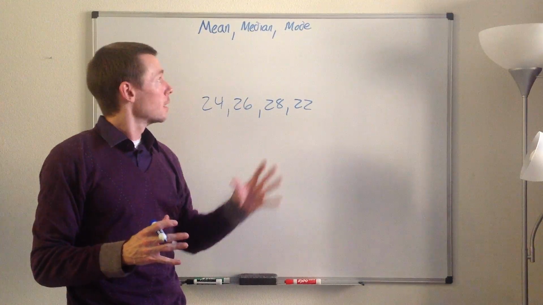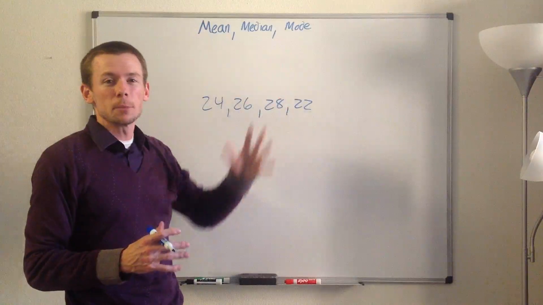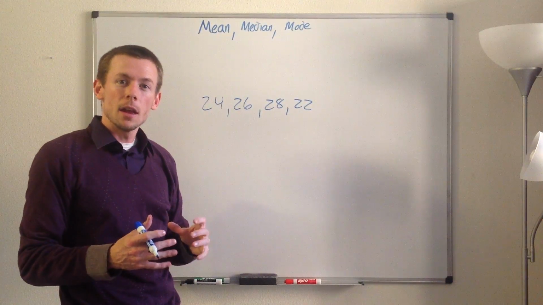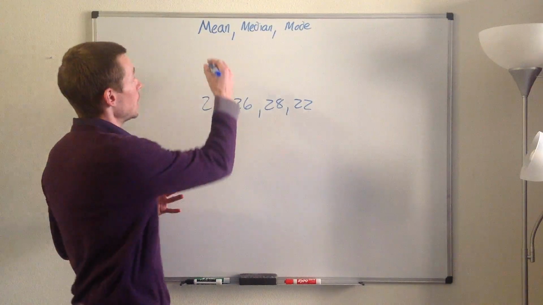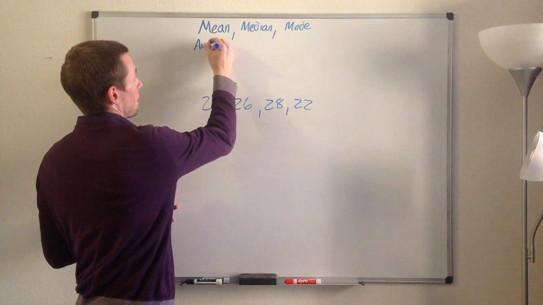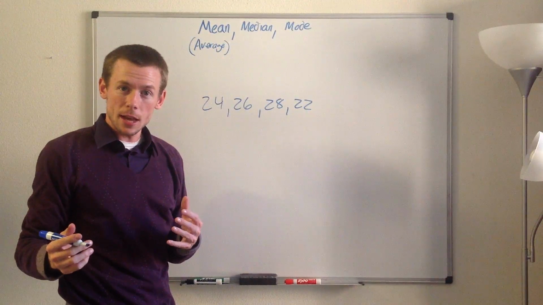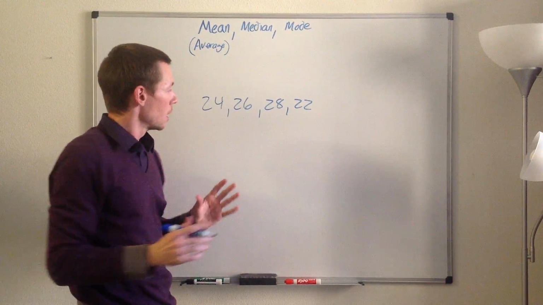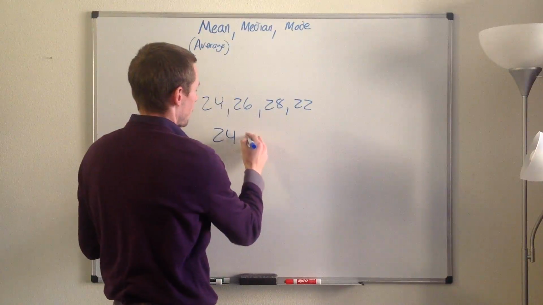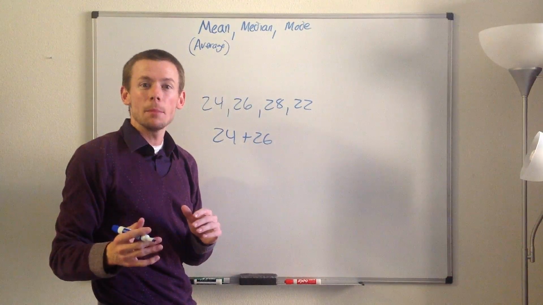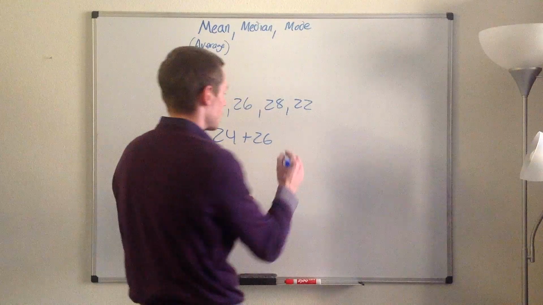And that's what these concepts attempt to do, is find a center of a set of data. And with mean, which is also known as the average, they're the same word, you add up all the values and divide by the number of values you had.